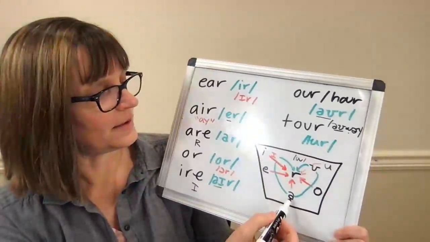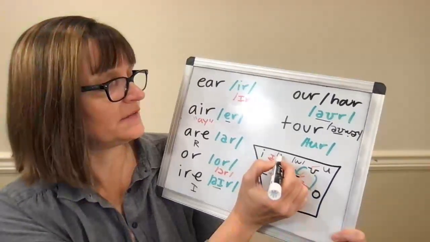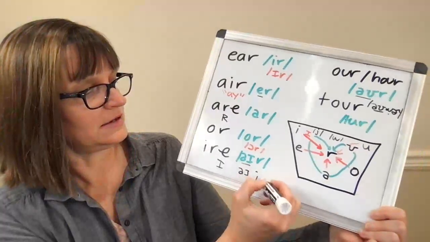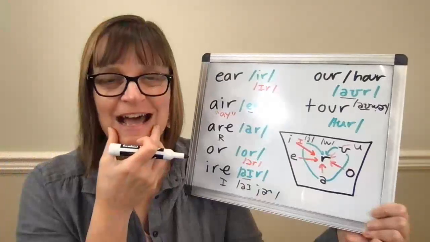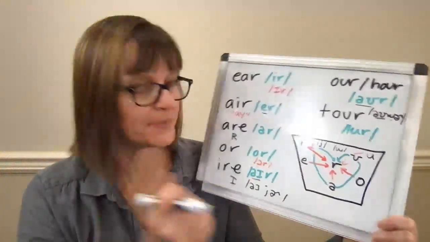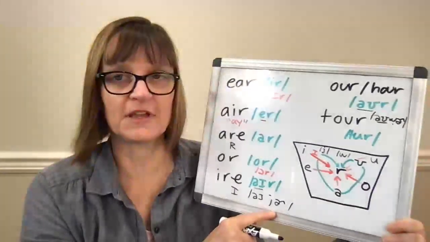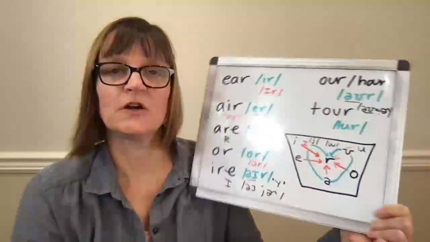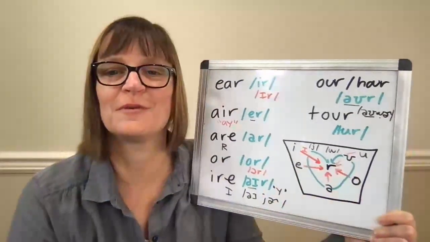With "ire," "fire," there's a little bit of a Y sound in there, because I'm moving from this more wide I position to my R position. So if it helps you to think of that Y sound, "ire," "fire," that's part of what's happening when I'm moving from vowel to vowel.